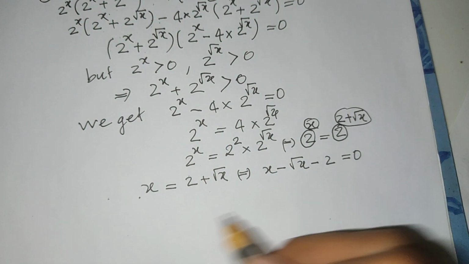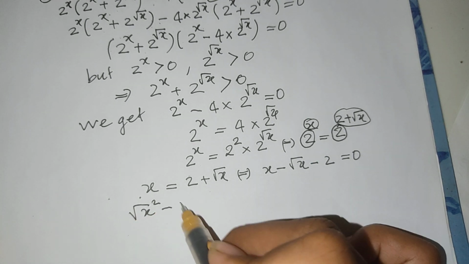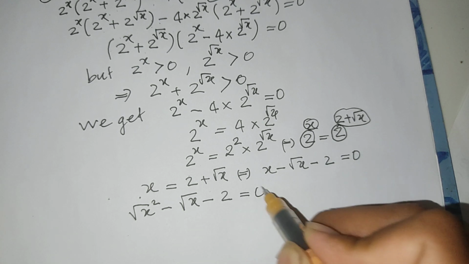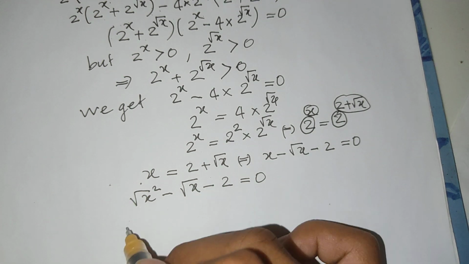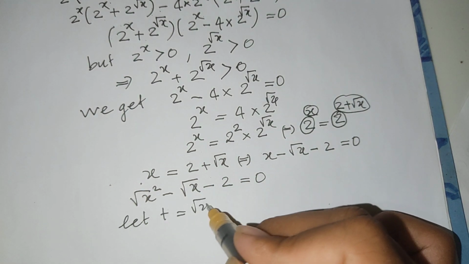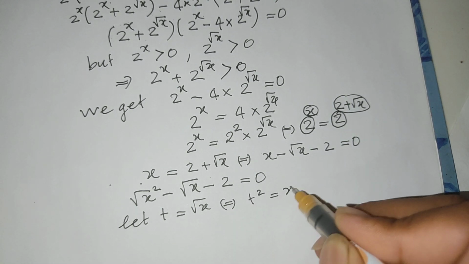And so now I can write (√x)^2 minus √x minus 2 equals 0. So now I introduce a new variable. I let t equal square root x. And so we get t squared equals x.